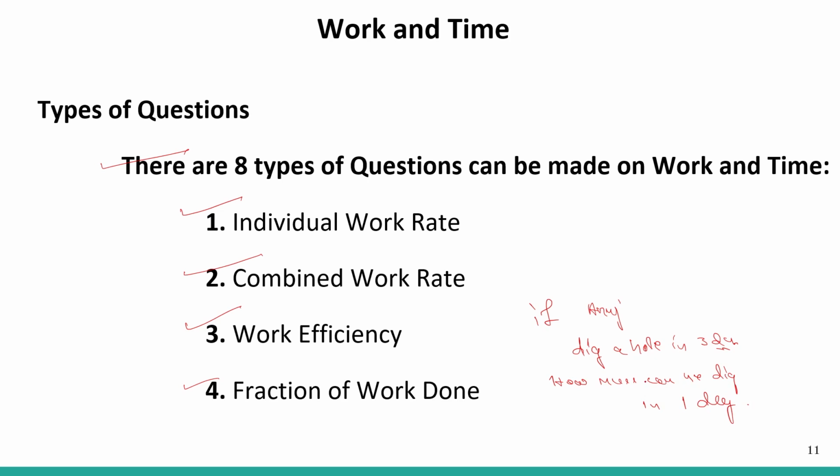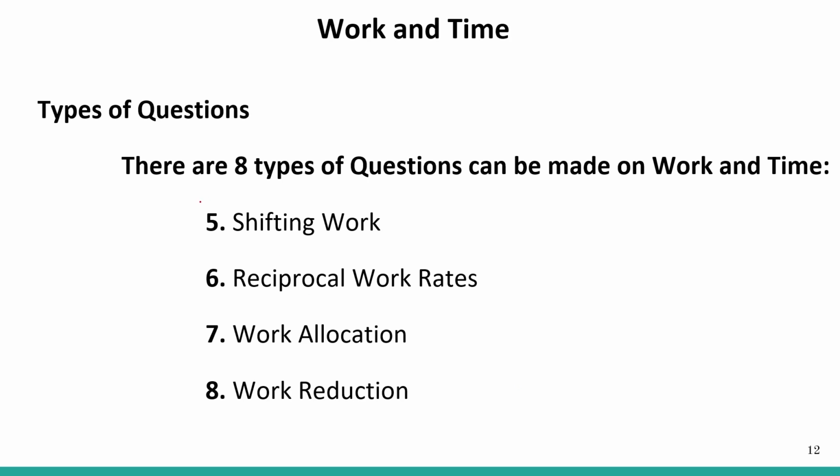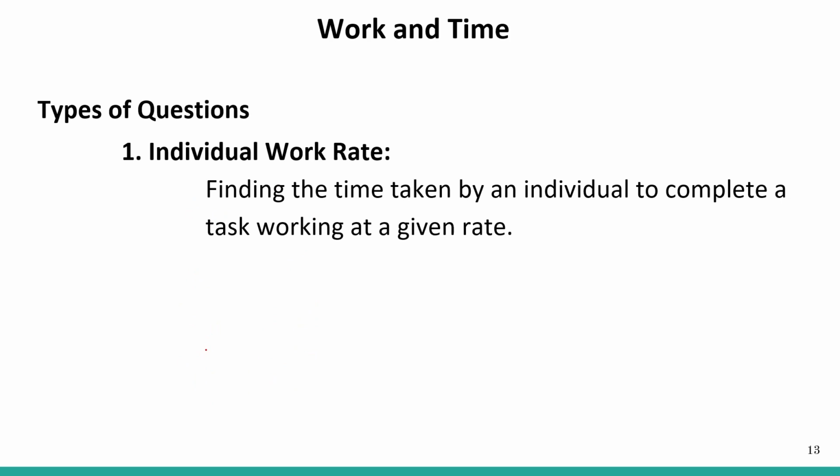This is a question that represents fraction of work done. The fifth kind of question is shifting work. The sixth is reciprocal work rates, the seventh is work allocation and the eighth is work reduction. We will see each one in detail, so let's go forward with it.